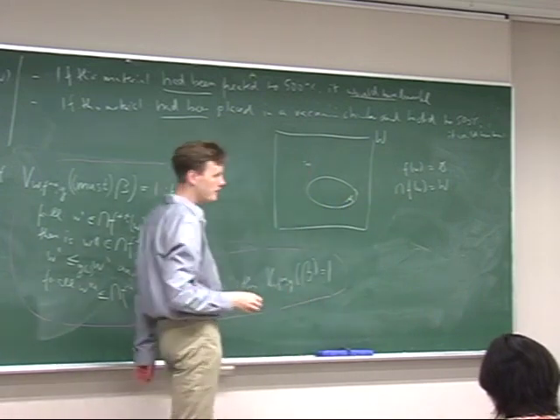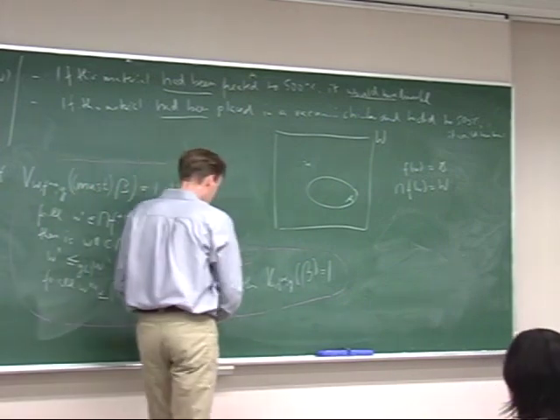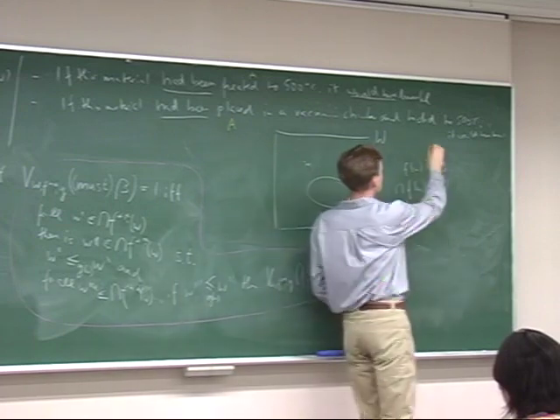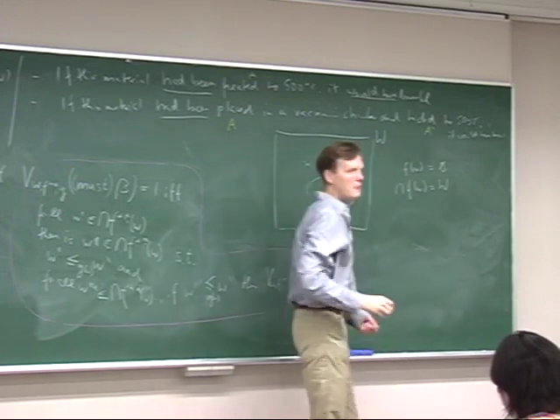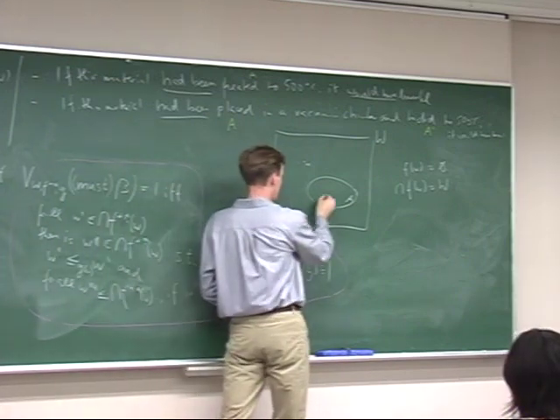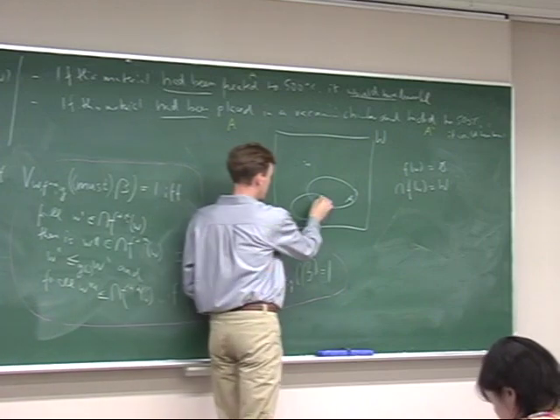This is A. But then remember we had A and A prime, and this conjunction here is really the intersection of A and A prime, and if A prime is this set, then for the second sentence we have this.